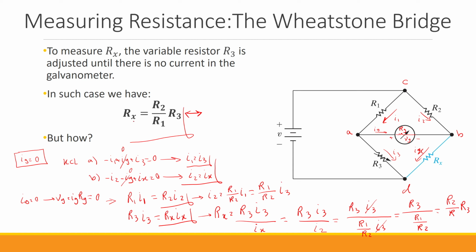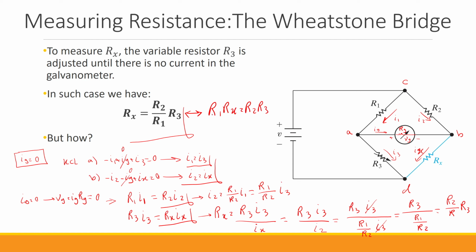So Rx, when R3 is changed to the point where Ig equals 0, equals R2 over R1 multiplied by R3. That is equivalent to saying that R1 Rx equals R2 R3.